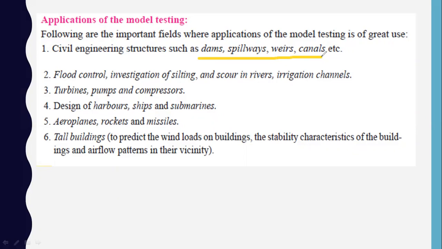The next are aeroplanes, rockets, and missiles. Then tall buildings. In many US universities, they are designing their university in CFD modeling. Then they analyze the flow around their buildings. Those things are done with the help of model testing.